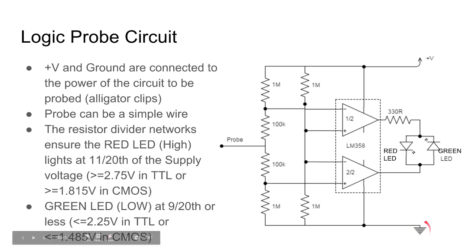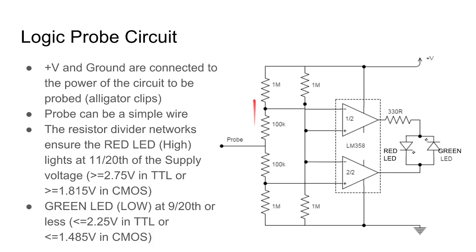So if it's a CMOS circuit or a TTL circuit, it doesn't matter, it will be compatible with both. And the probe can be connected to any point in the circuit, which lets you determine, based on which LED is lit up, if it's either a high level or a low level that's being probed.